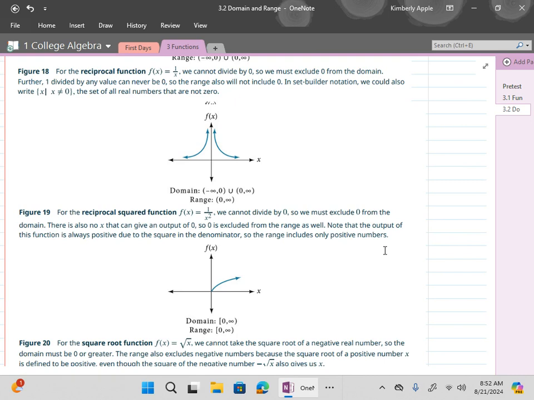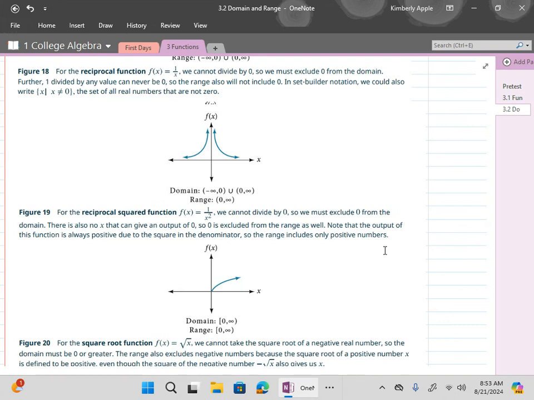But I can get a 0 in the denominator by plugging in 0, so I have to restrict 0. Now, why does the range only return positive numbers? Because of the square. Anything you plug in is going to immediately become positive because it squares it. So that's why that flips on top of that.